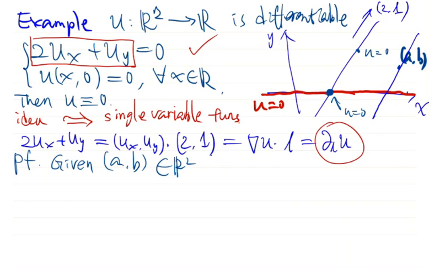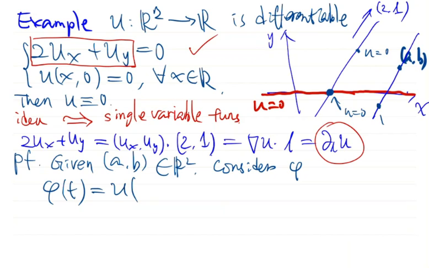So how to restrict u to this line? Of course, consider phi. Phi(t) is the value of u on the line passing through this point. For those points on this line, x is a plus 2t, y is b plus t, right?